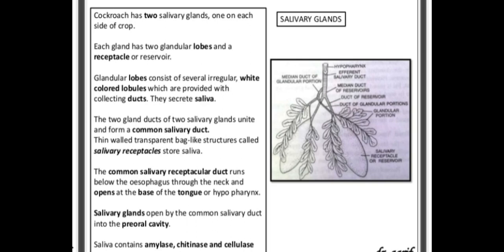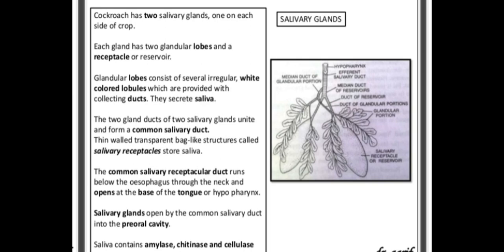Digestion of food starts along with the mixing of saliva, as from the mouth the food goes to the pharynx, esophagus, gizzard, where again it is further macerated, made into a fine paste like substance, and in the crop the digestion starts.